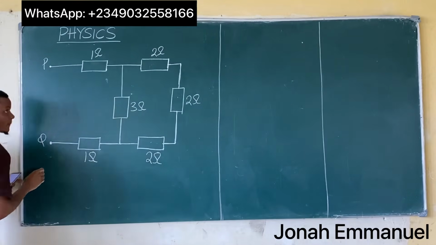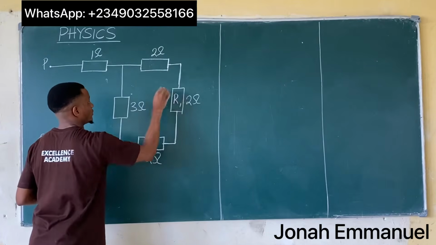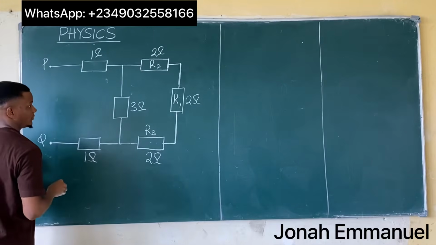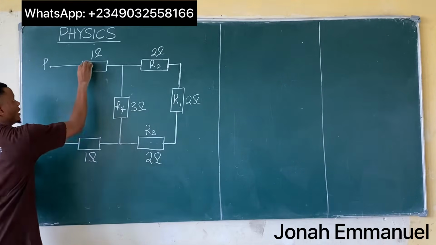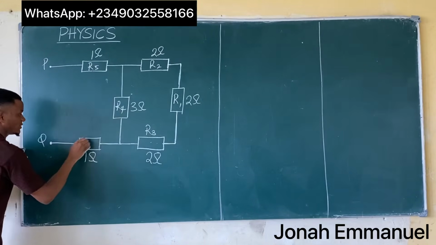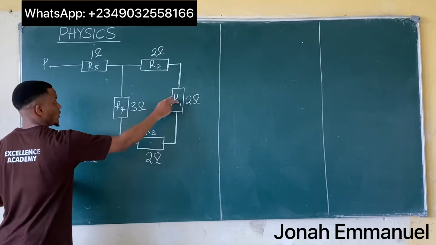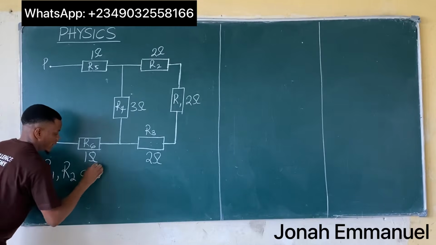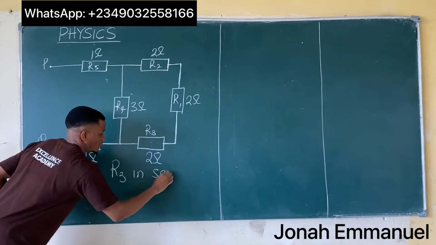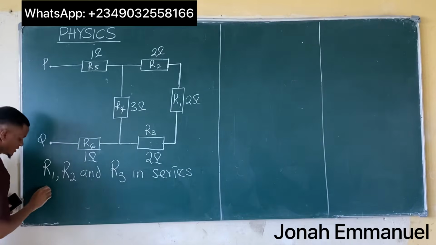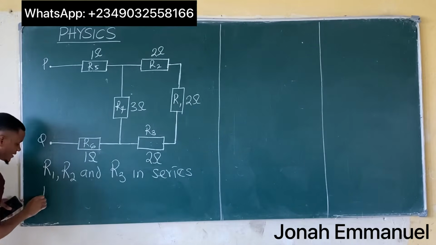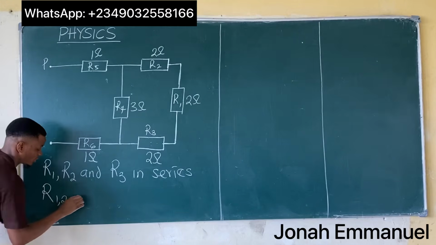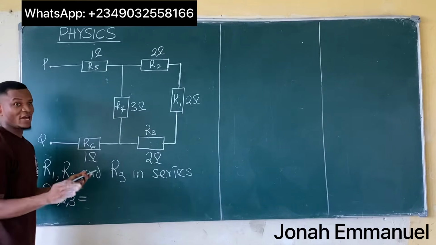So let's call these R1, R2, and R3, and these R4, R5, and R6. First up, R1, R2, and R3 in series. In series, the equivalent resistance R1,2,3 is equal to, since it's a series connection, we just add them straight.